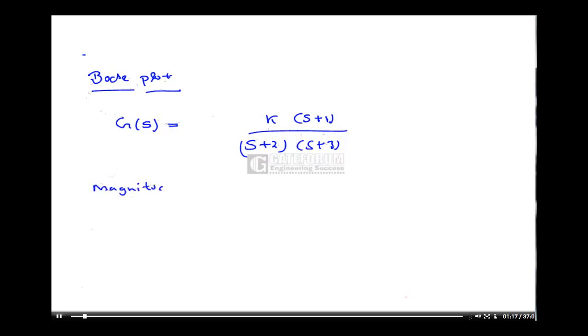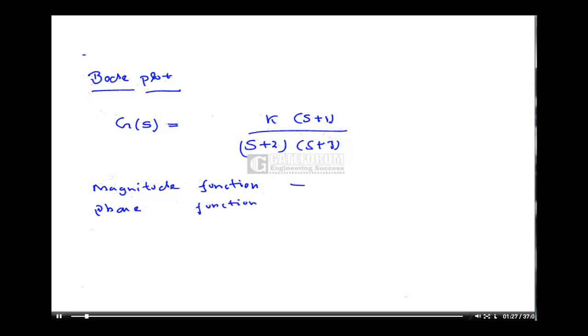Now let's suppose I have some transfer function G(s) = K times (s plus 1) upon (s plus 2)(s plus 3). For this G(s) there will be some magnitude function, and some phase function.